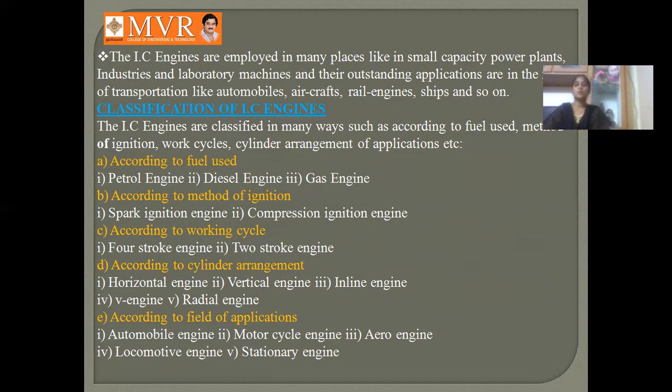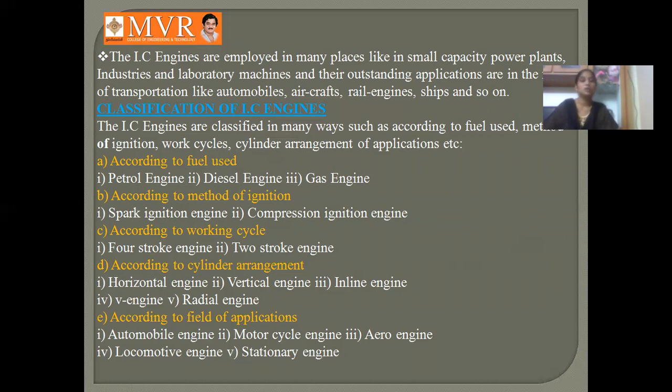According to working cycle, it is called a four-stroke engine or two-stroke engine. According to the cylinder arrangement, horizontal engine, vertical engine, inline, V engine, and radial engine. According to field of application, automobile engine, motorcycle engine, aero engine, locomotive engine, and stationary engine.